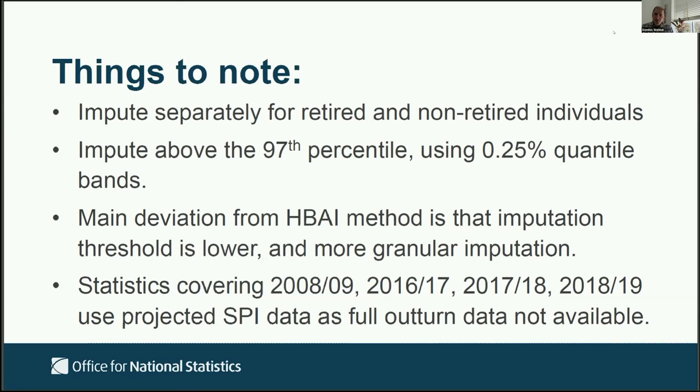The final thing to note is that we rely on the SPI data. Actual full outturn microdata for SPI was not available at the time for 2008-9, 16-17, 17-18, and 18-19, although now I understand that maybe some of those data sets are now available. So we rely on projected data that the HMRC SPI team provide to us.